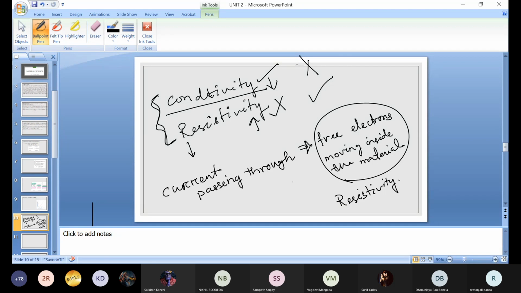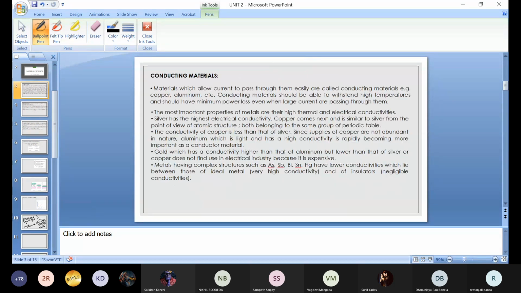First we will see what a conducting material is. As I already told you, a conducting material is a material which allows the current to pass through it easily. Examples of conducting materials are copper, aluminum, silver and gold, all kinds of metals.